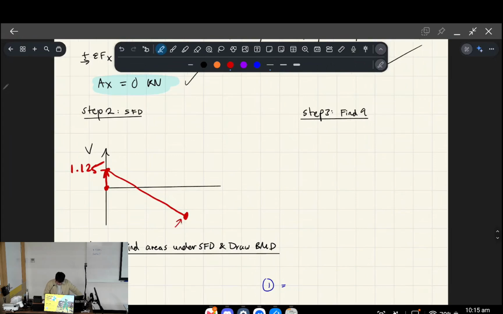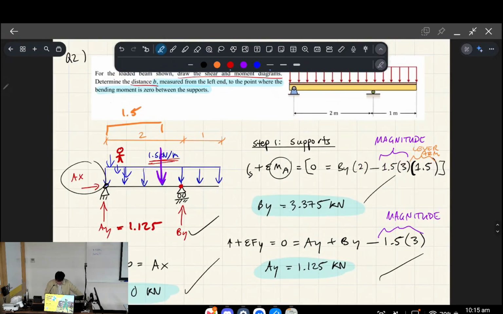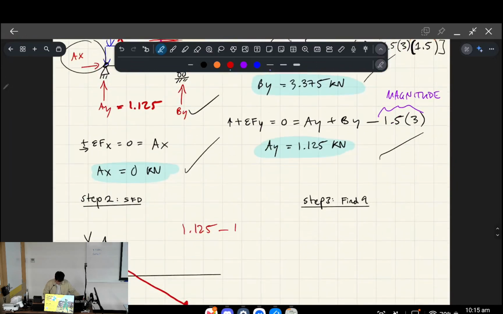So the question is, how do we figure out that point down there that's negative, right? And what you would do on your calculator is you would type 1.125, which is the starting point up here, but then we need to subtract by something, and that something is the magnitude of your UDL, which is 1.5, but that's in kilonewtons per meter, right?